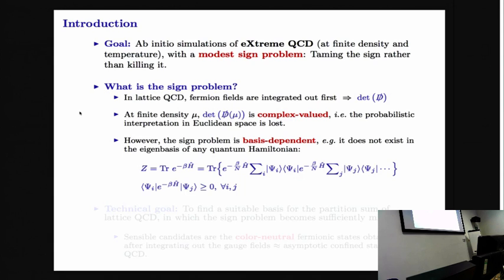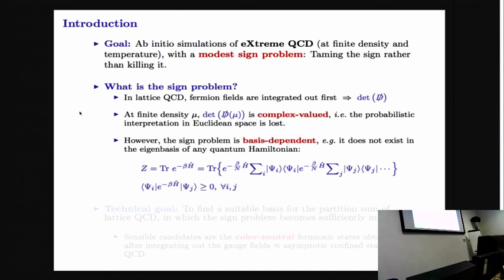And the Boltzmann factor that you get in the partition function is the determinant of the Dirac operator. At finite density, this is complex valued for all values of mu, except for imaginary mu. The probabilistic interpretation is lost, and then you need to use some clever techniques to try to extract some information.